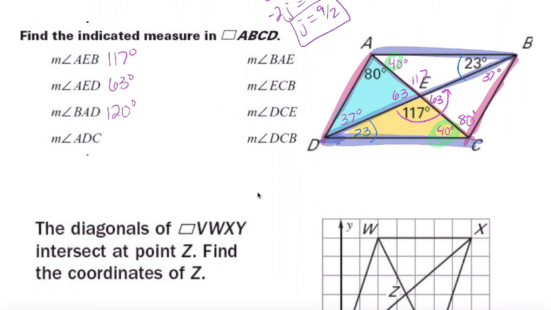ADC, A to D to C, that's these two at the bottom corner added together. 37 and 23 add up to 60 degrees. BAE is going from B to A to E. That's this upper one here where it says 40. So that is 40 degrees. ECB. Start at E, go to C, go to B. That outlines that 80-degree angle there.